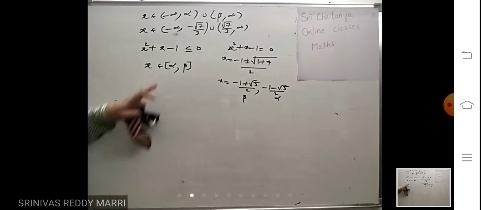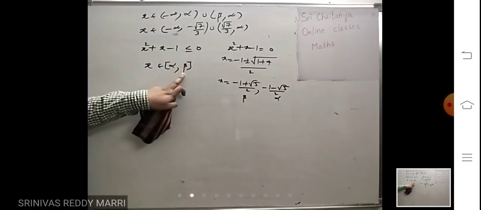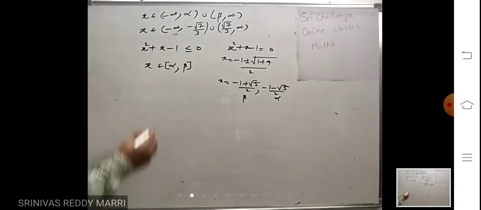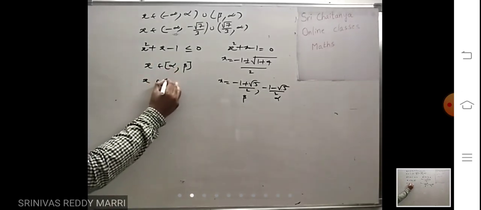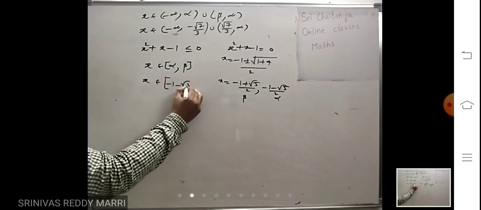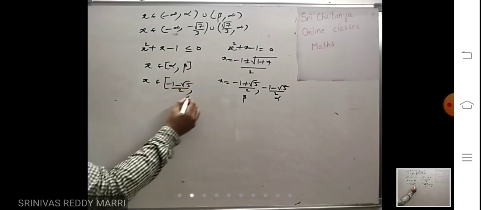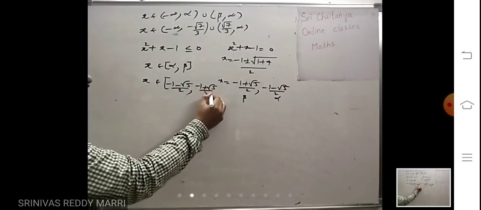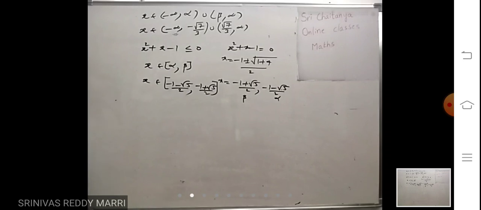The formula is the same. So x belongs to closed interval from minus 1 minus root 5 by 2 to minus 1 plus root 5 by 2. This is the answer.